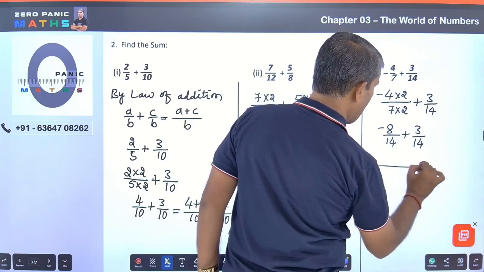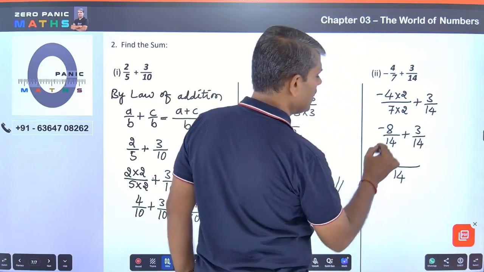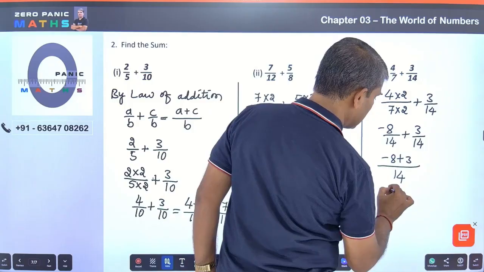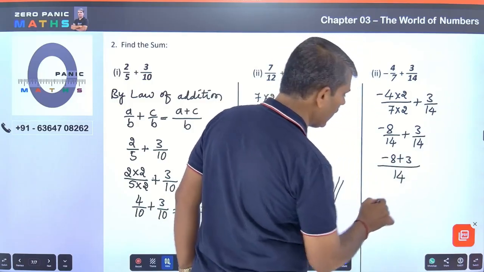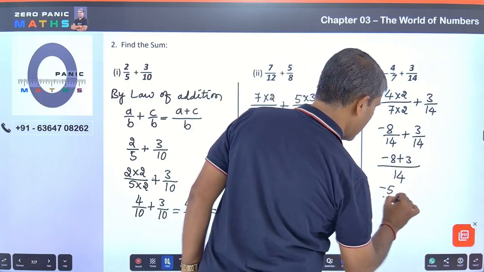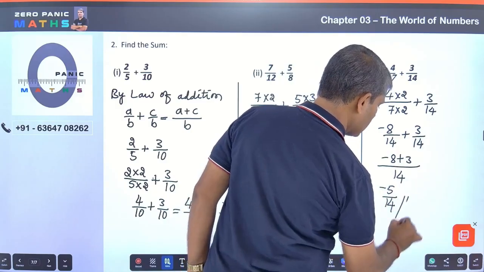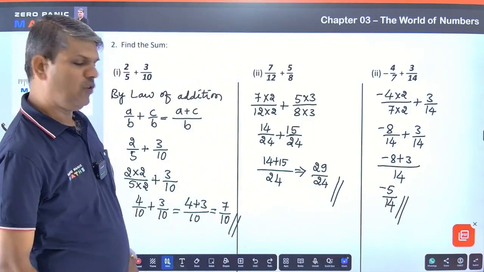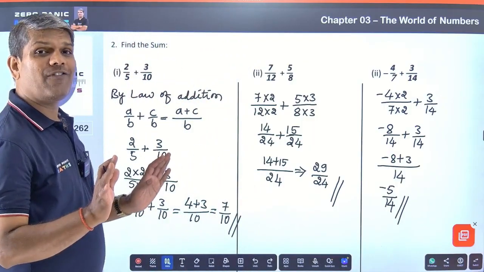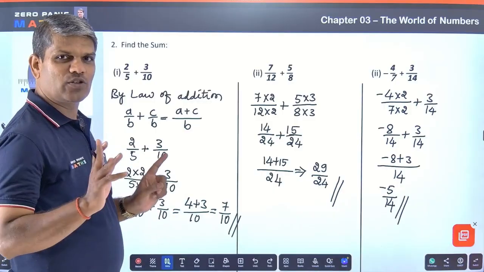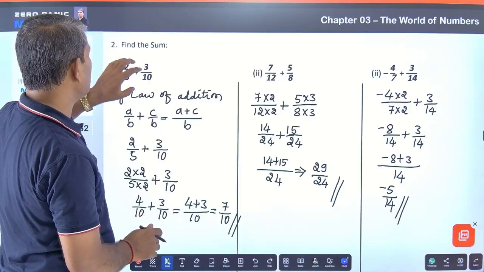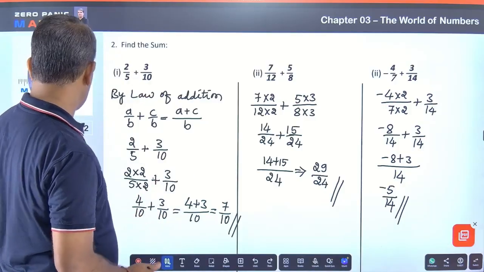Now with 14 as the common denominator, it is minus 8 plus 3, that is minus 5 by 14. This is the final answer to minus 4 by 7 plus 3 by 14, by the law of addition defined. Understood, right?